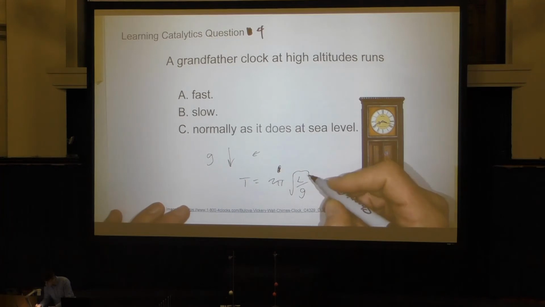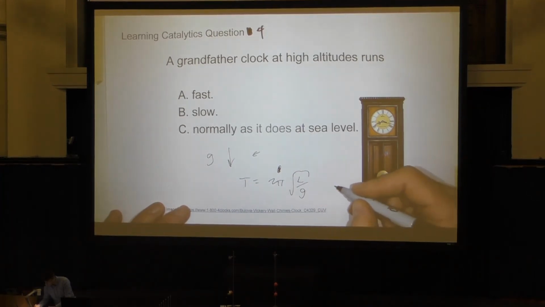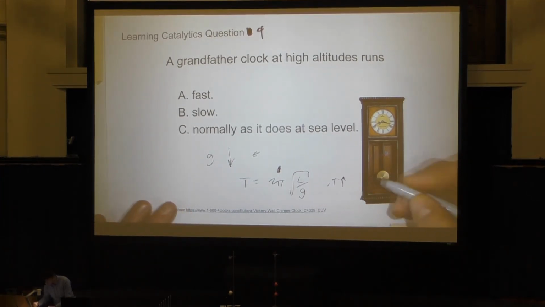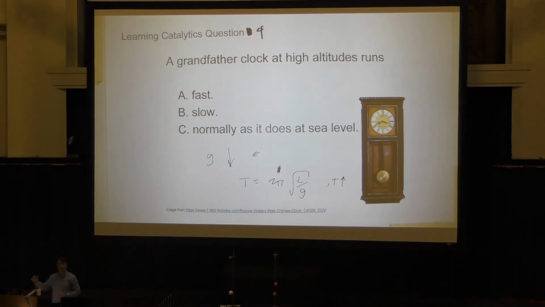Longer period for a longer L. So if g decreases, then the period increases. So it's going to tick slower. Instead of 1 second between ticks, it'll be 1.001 seconds or something. And so it's called a slow clock. Make sense? Pretty good here.